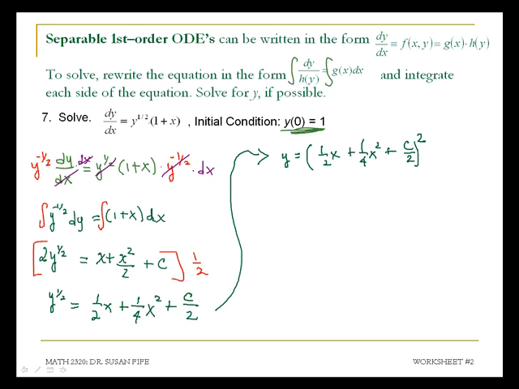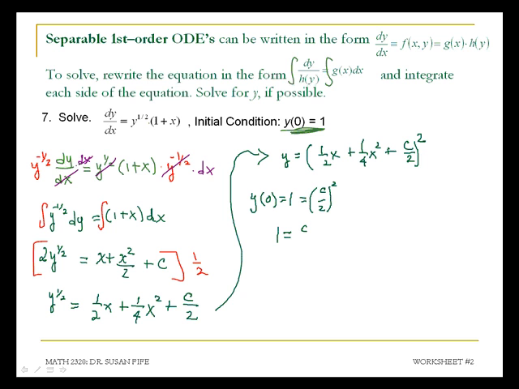Okay, now let's solve for c. We can use the fact that y of 0 is equal to 1. That tells me to put 0 in for every one of these x terms, and it's going to cancel out the 1/2 x, it's going to cancel out the 1/4 x squared, and it's going to leave me with just c over 2 inside parentheses squared.